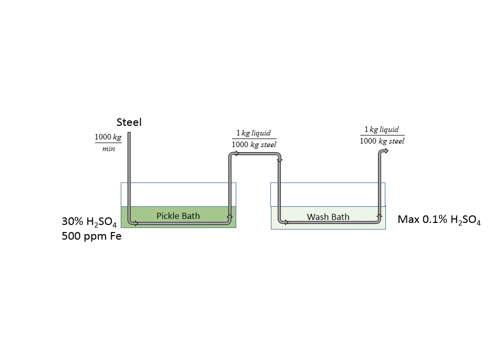Our target concentration in the pickle bath is 30% by mass sulfuric acid. We also have an upper limit on the amount of dissolved iron which is removed from the steel, and that concentration is 500 parts per million. Over in the wash bath, the acid must be diluted down to a maximum of 0.1% sulfuric acid on a mass basis.